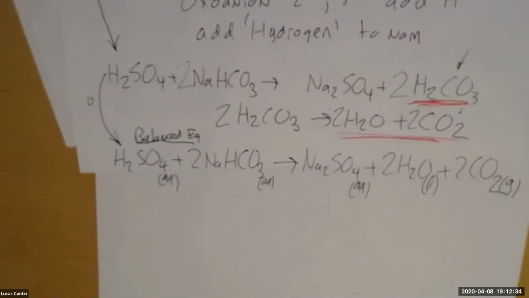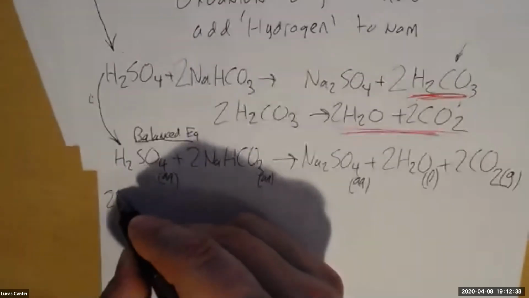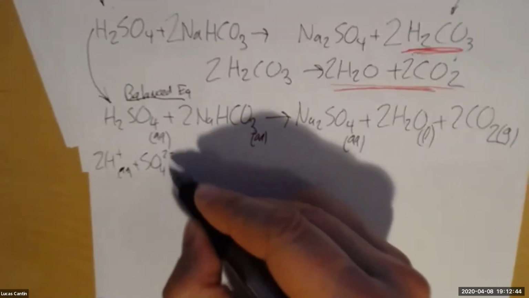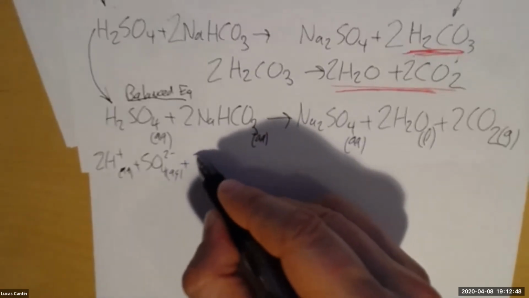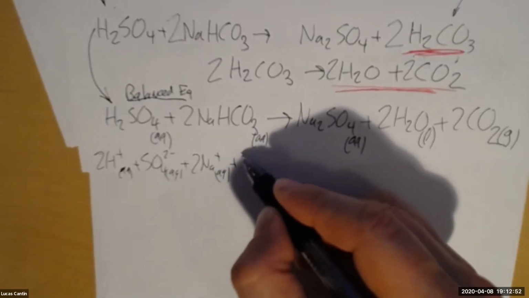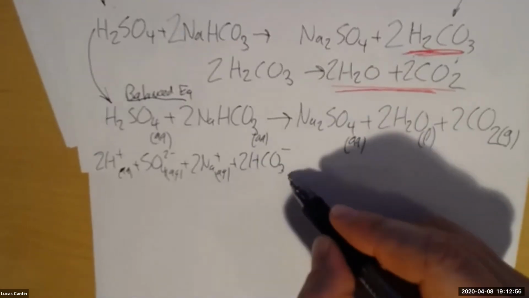Let's do the total ionic equation. I'm going to do it faster, like we said. So this is H2SO4. It's 2 hydrogen ions, aqueous, plus sulfate, 2 minus aqueous, plus 2 sodium plus aqueous, plus 2 hydrogen carbonates, aqueous.